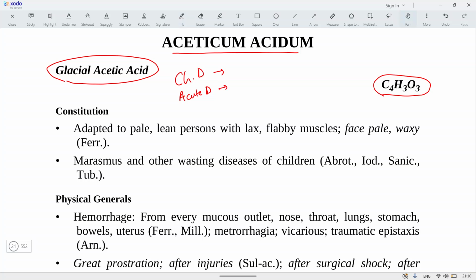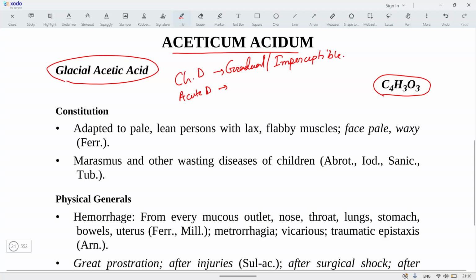In case of chronic disease, the patient will often say the onset is very gradual, or imperceptible. That means when did it start, we cannot properly say or tell.